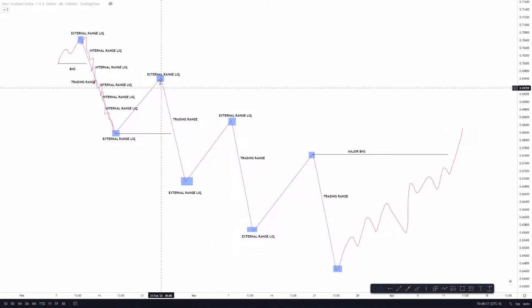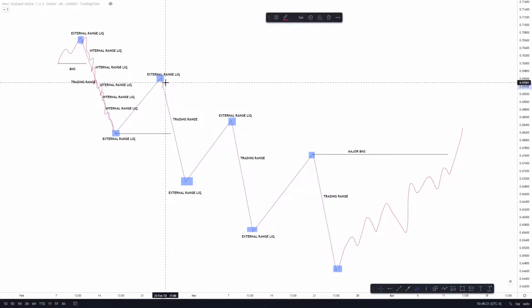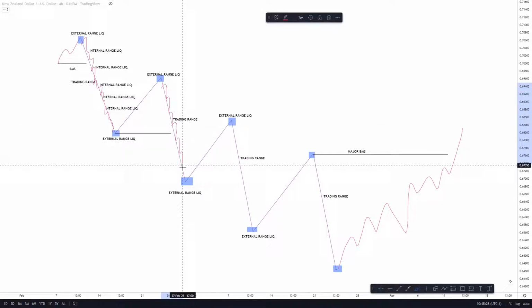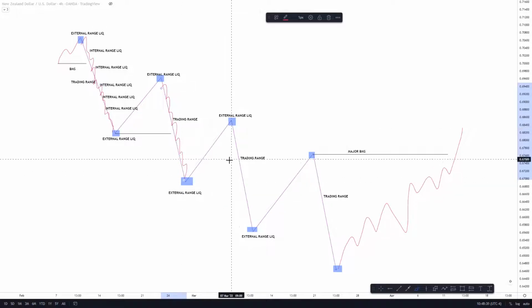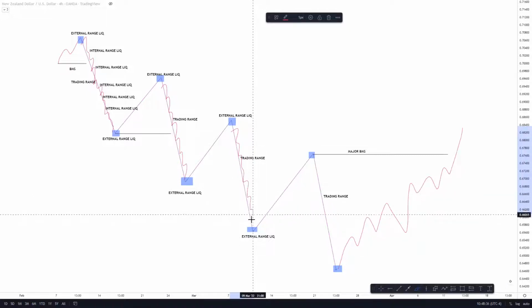Okay, so another thing, same thing here: we have internal range liquidity forming like this. Again, like this, we have internal range liquidity forming here.